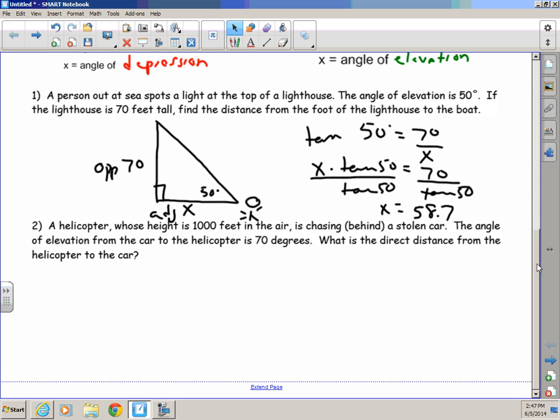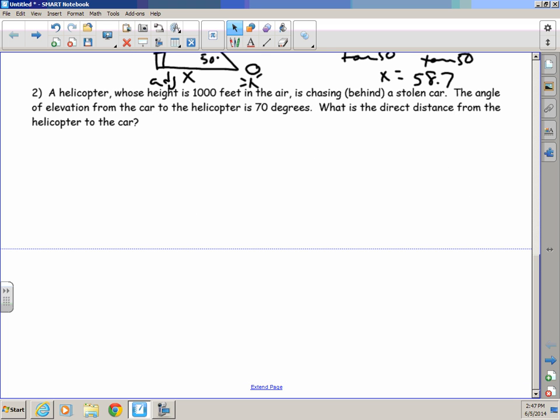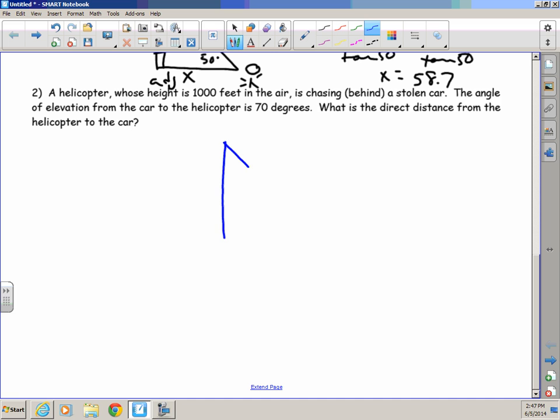Okay. Next one, you have a helicopter. Let's extend the page. Obviously, our helicopter is up here. It's the best I'm going to do in drawing a helicopter. Height is 1,000 feet in the air. Height is always measured vertically. The stolen car is over here. Okay? It's not going to be straight underneath. The angle of elevation is 70. What is the direct distance from the helicopter to the car?